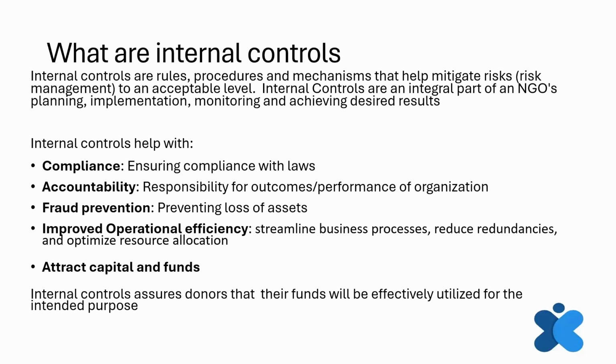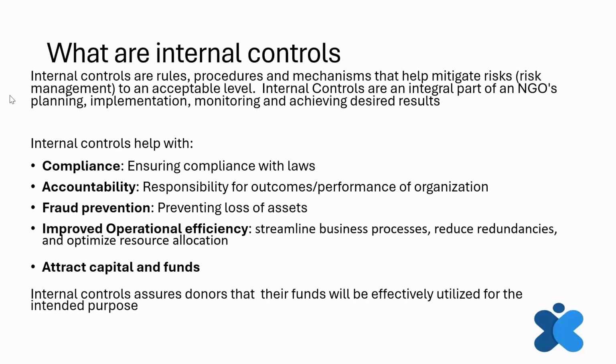Now, internal controls, just like the organizational institutional framework that we had seen in the last two sessions, give donors confirmation that their funds will be efficiently utilized and the outputs will be effective. That's the efficiency effectiveness kind of a relationship. So that is what internal controls are.